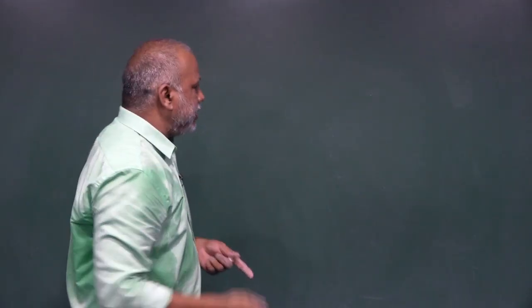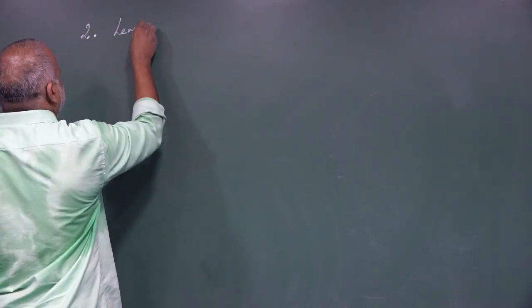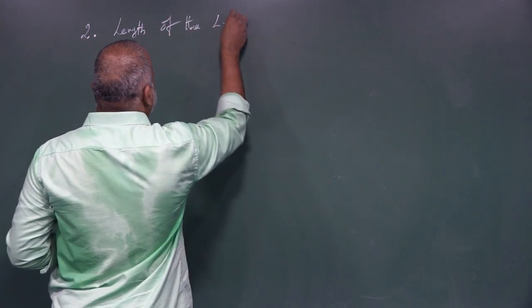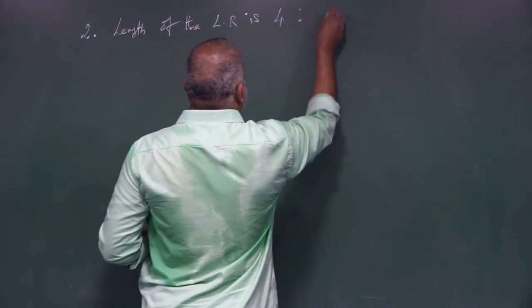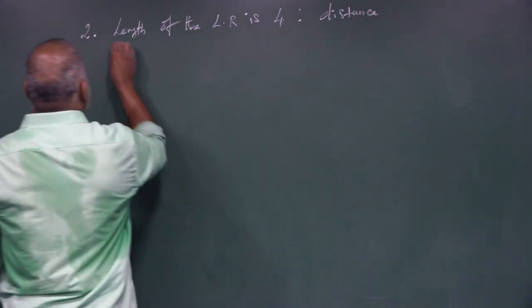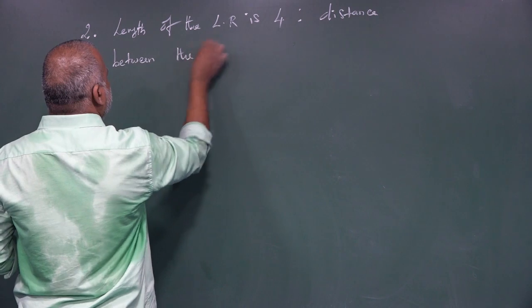As per the given data, in the same model, we have one more question. Length of the latus rectum, once again the length is given. Length of the latus rectum is 4. The second logic is the distance between the foci.